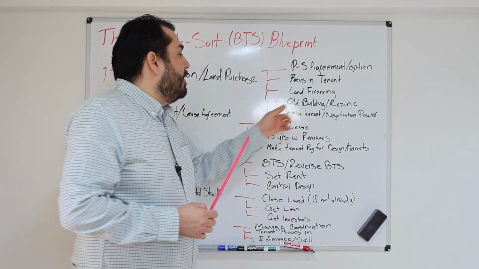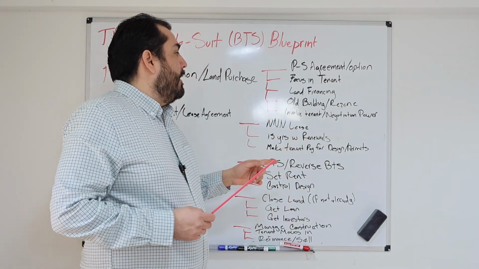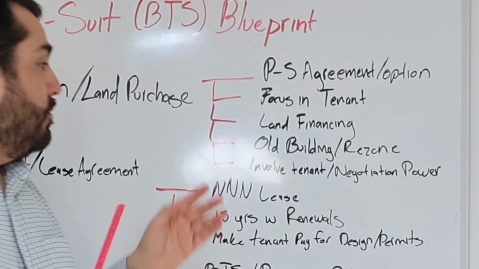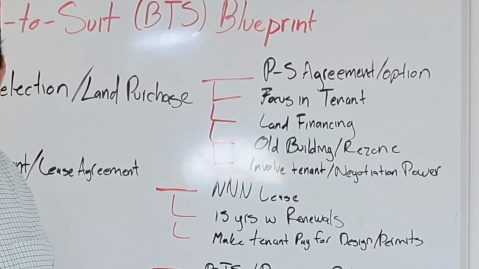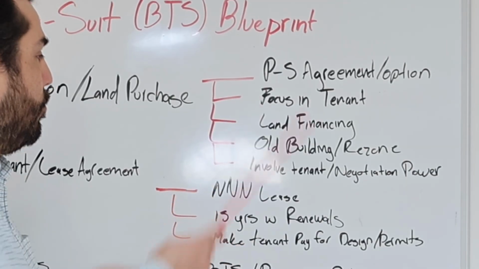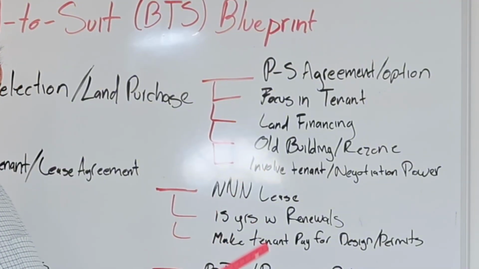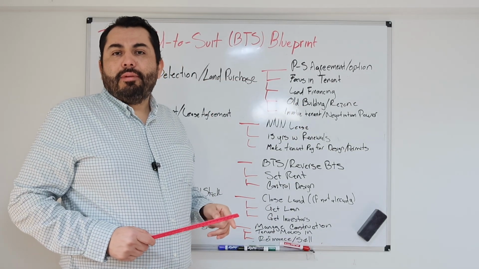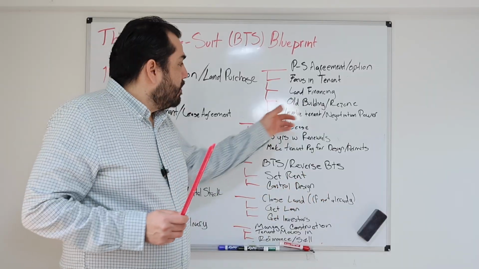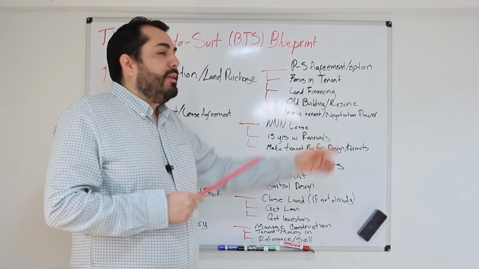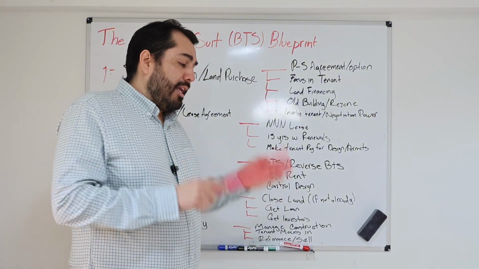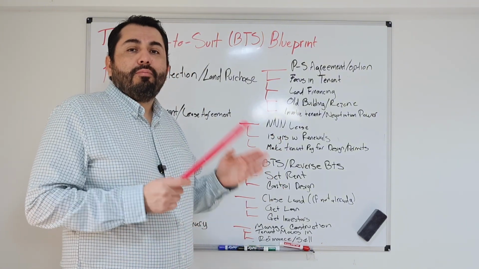Another thing is you can also find an old building. You don't necessarily need to find land. You can find an old building, and while you get the permits and everything in place, you can rent out that building. Maybe it's an old warehouse. This is good because old buildings are usually already zoned for what you want to do with the build to suit project.